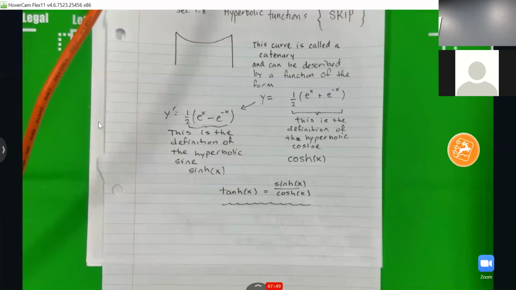1, 4, 9, 16, 25. How am I developing the numbers in this list that I'm making? Squaring the integers, right? So the next one will be 36, 49. A list of numbers that follow some sort of pattern is a sequence.